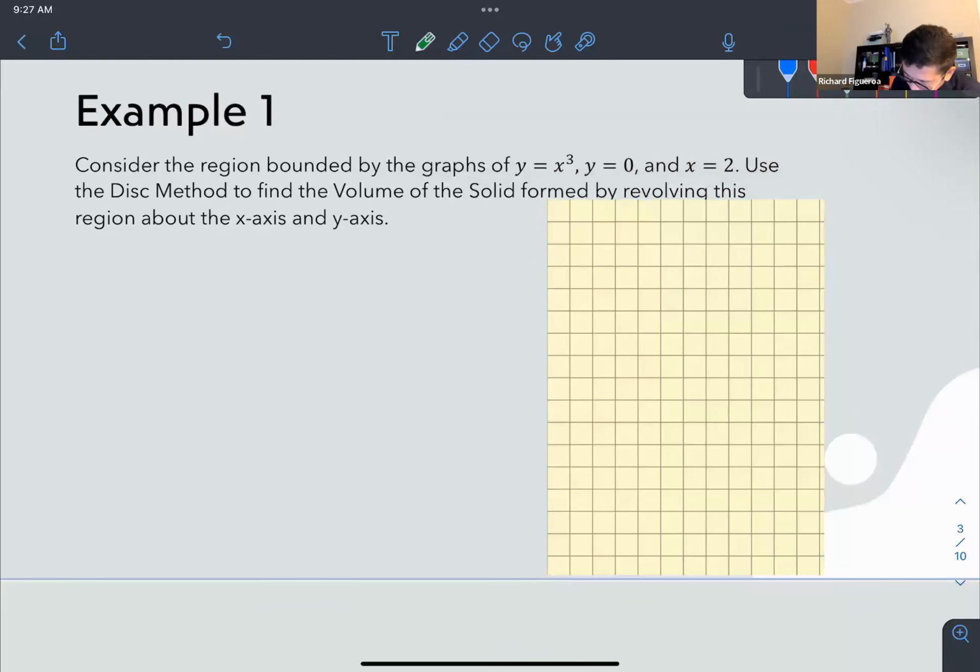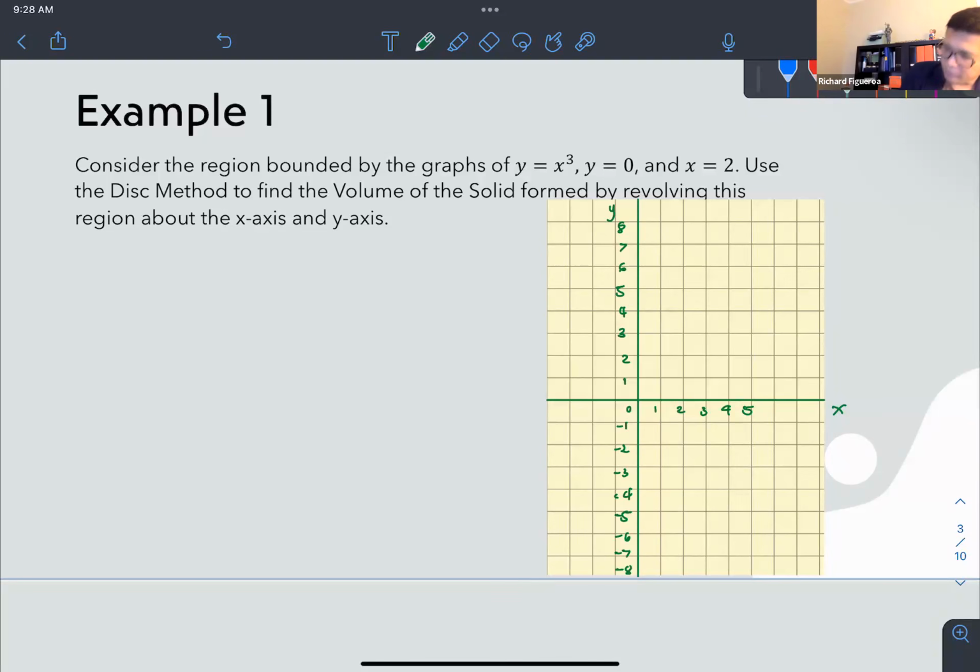Okay, so 1, 2, 3, 4, 5, 6, 7. Okay, so this is the y-axis and this is the x-axis. So 0, then 1, 2, 3, 4, 5, and 1, 2, 3, 4, 5, 6, 7, 8, and -1, -2, -3, -4, -5, -6, -7, -8.